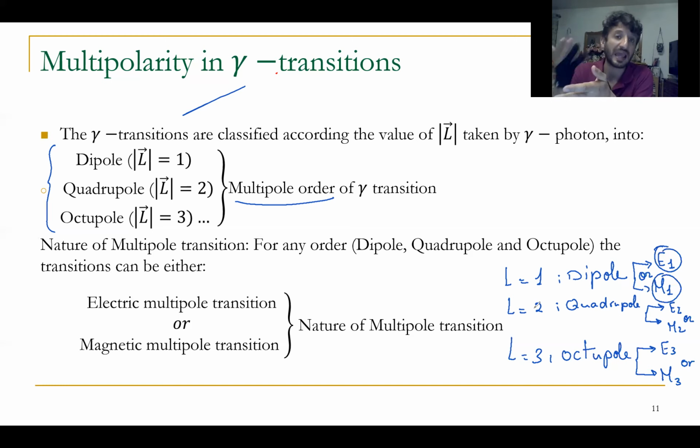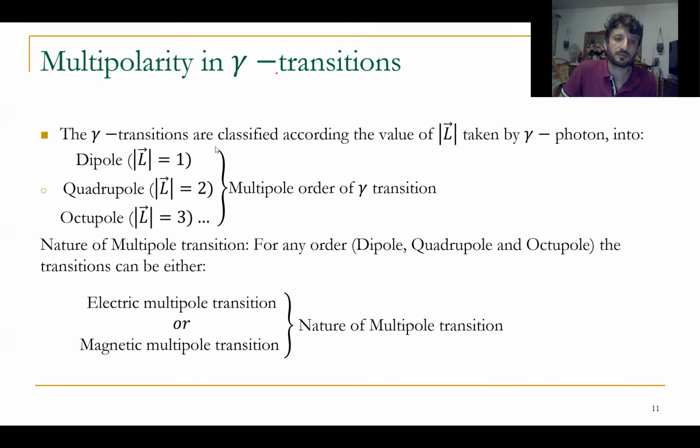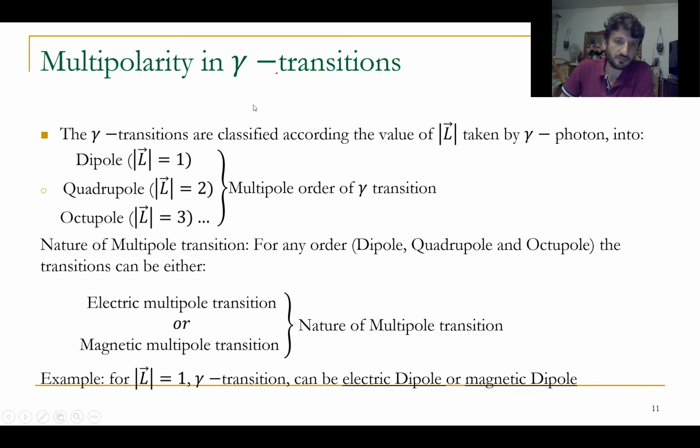We have to find the value of L. The second point, we have to find the nature of this L. For each value of L, we have to find the nature, electric or magnetic. Here we have an example. For L equals 1, the gamma transition can be electric dipole or magnetic dipole.